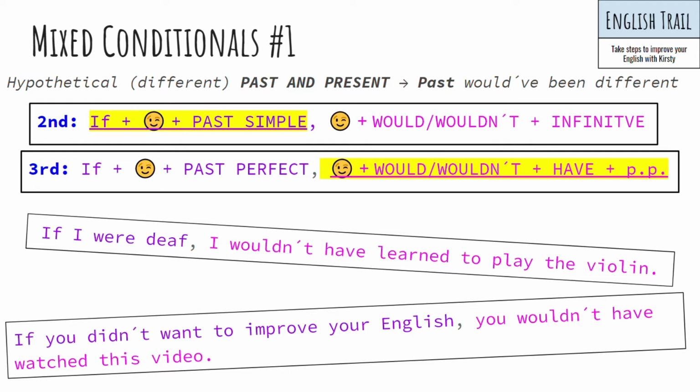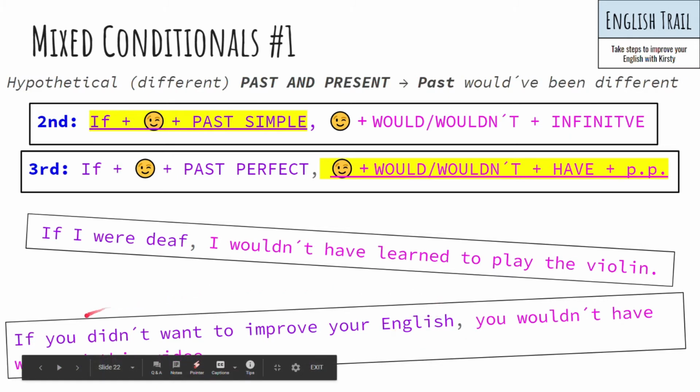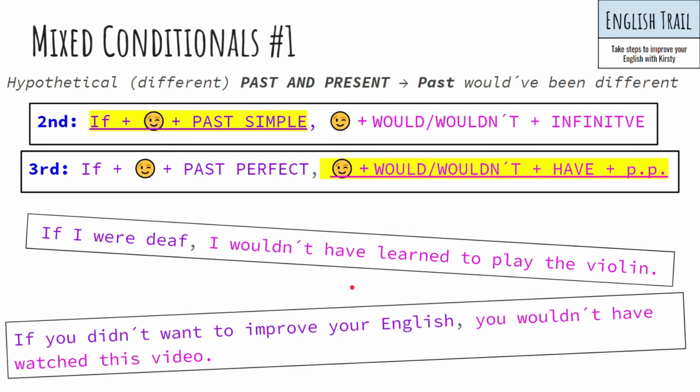So I'm considering here a hypothetical past and present that if you didn't want to improve your English, you wouldn't have watched this video, or you wouldn't have clicked on this video. Okay. Notice the pronunciation, wouldn't have. I talked about this in my last video too. We're very lazy with how we pronounce this.